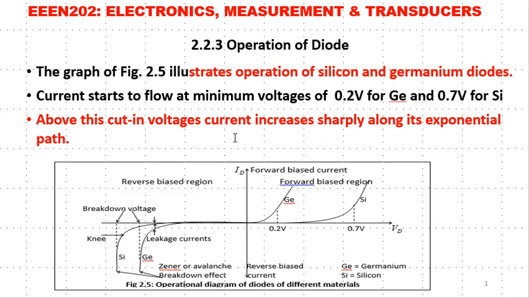And if you can remember, in our lecture number 2 we discussed how PN junction diodes are formed. That is, we have a piece of pure semiconductor like silicon or germanium, and we introduce group 5 elements through one end, and we introduce group 3 elements to the other end.